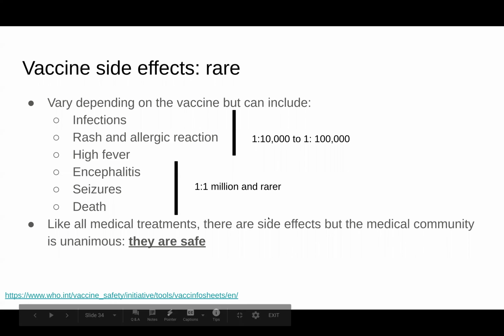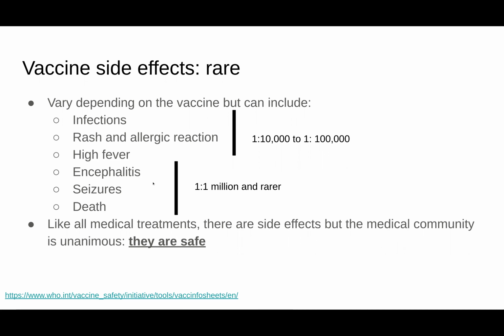Allergic reactions can be particularly concerning, especially if it's a very severe one. Some of the more rare ones include encephalitis, or swelling of your brain, seizures, and potentially death. So, you get the vaccine and you get an infection or allergic reaction that kills you. But those more severe ones are about a 1 in 1 million chance. For instance, the probability of dying from any given vaccine is about 1 in 5 million.